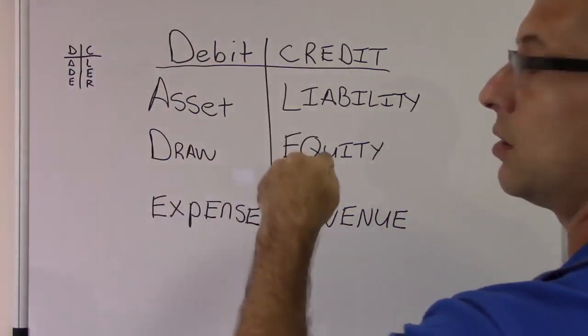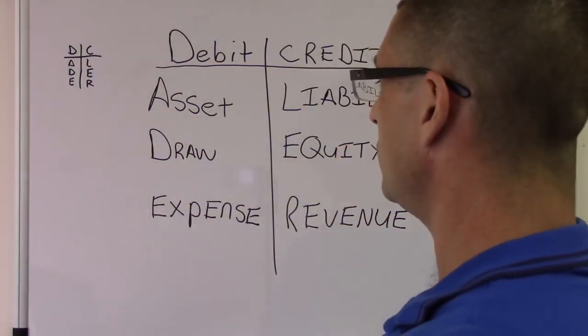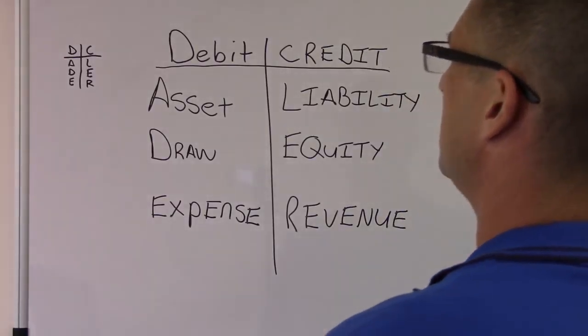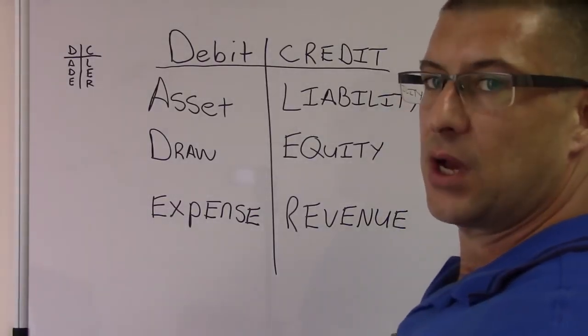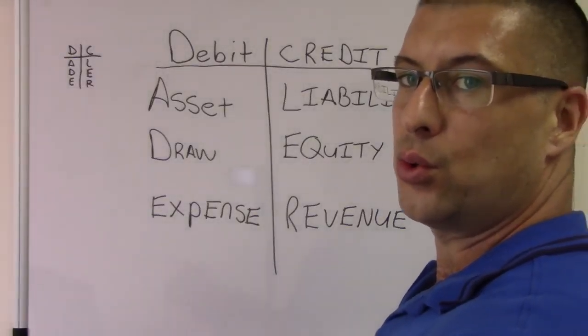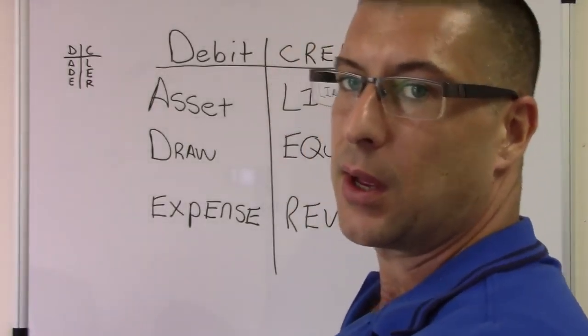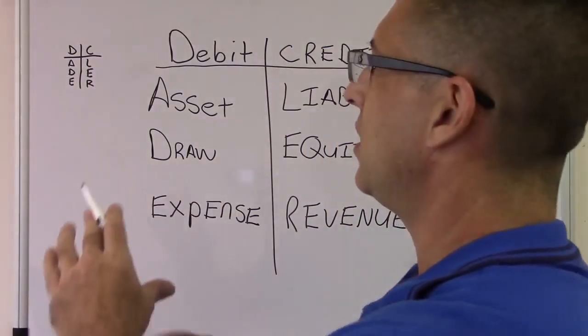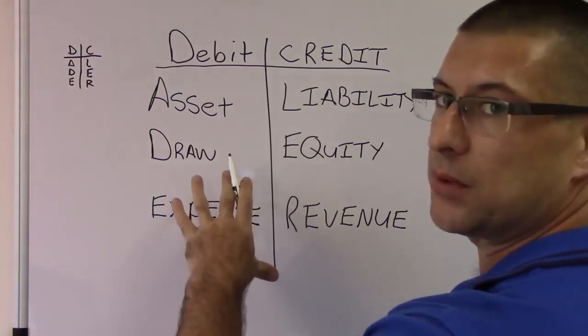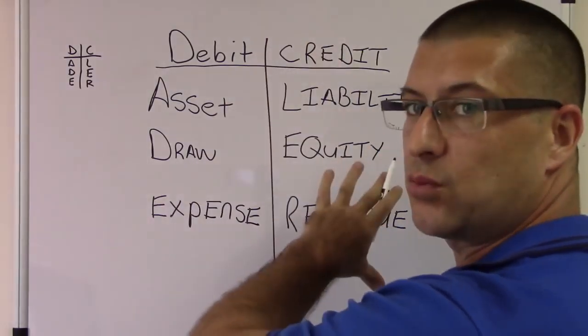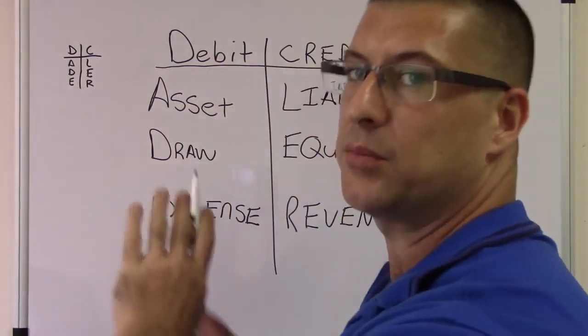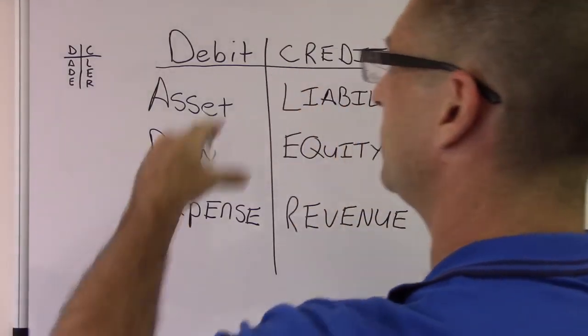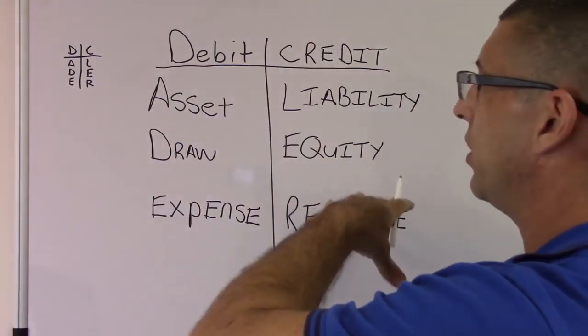DC, AID, LER. Alright. So now, every time you do a journal entry, you are going to have at least one debit and at least one credit. Every time you input something into the books, you're going to have at least one debit, at least one credit.